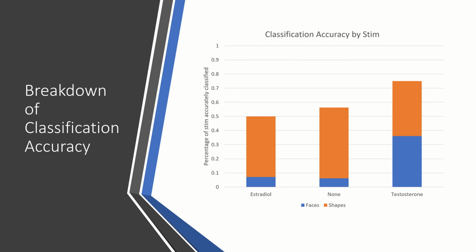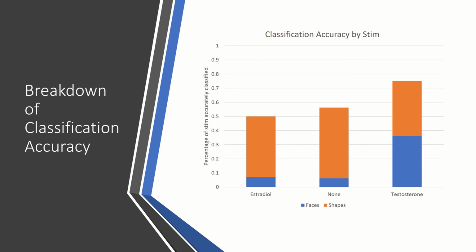If it's more accurate in shapes, that means that the patterns are more consistent for all the shapes. And since we're combining angry faces and fear faces, that could be an option for why our face accuracy is lower, because different groups represent those two different emotions differently. But if that's the case, then testosterone would have similar patterns for both of those different emotions.